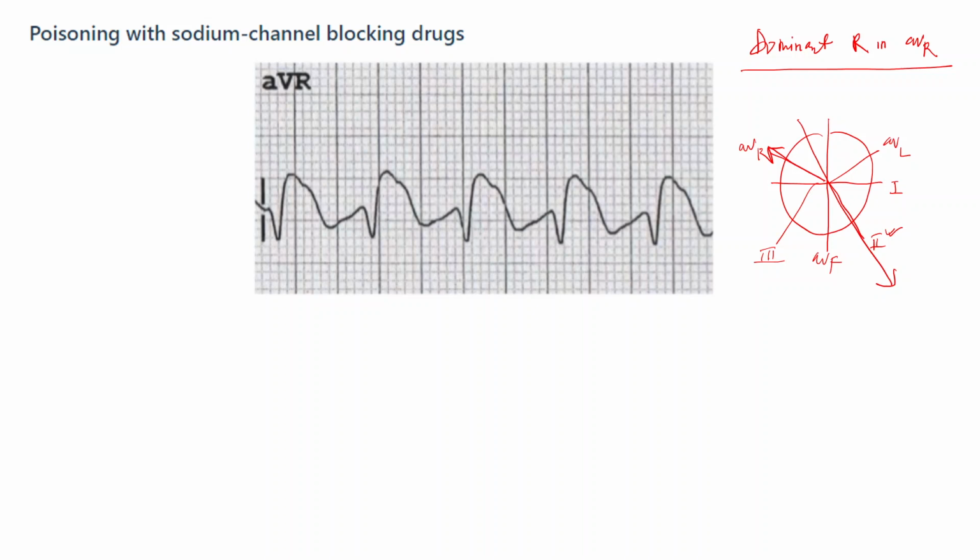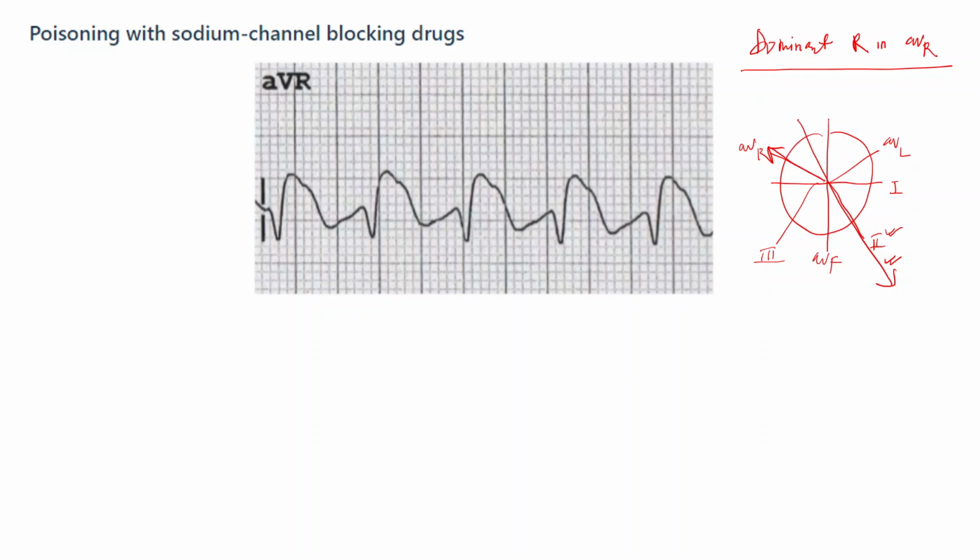The predominant component of the QRS complex is driven by the net ventricular depolarization, which is happening towards the left ventricle, in the axis of lead 2. aVR is present exactly opposite to this.